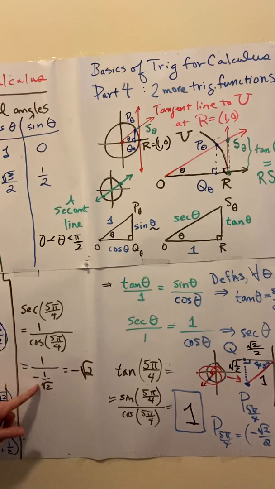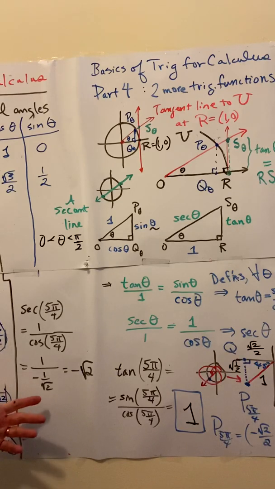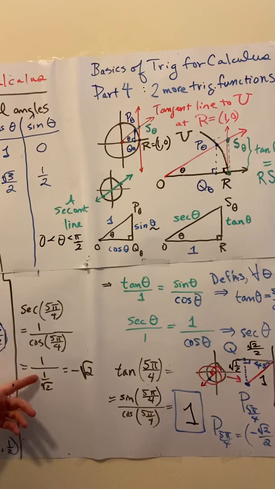But this time I'm going to call it a negative 1 over the square root of 2. Why would I do that? Because I have to take its reciprocal, and taking the reciprocal of 1 over something is dead easy. The reciprocal of 1 over square root of 2 is just the square root of 2. So it's negative square root of 2, period, full stop.